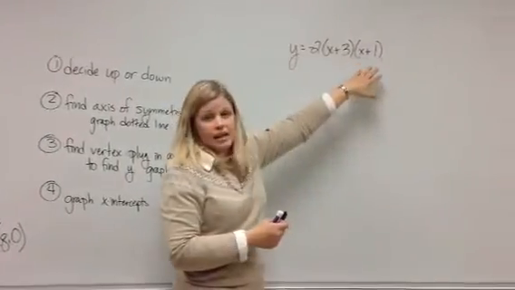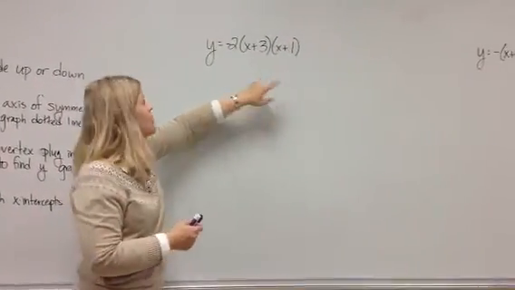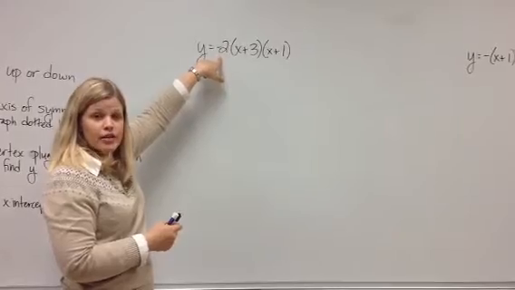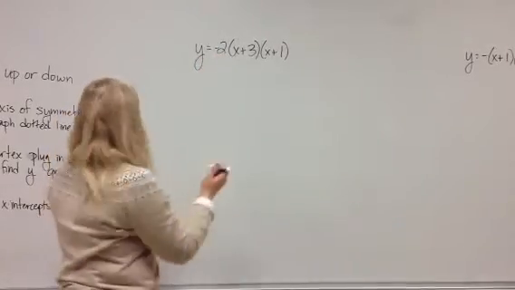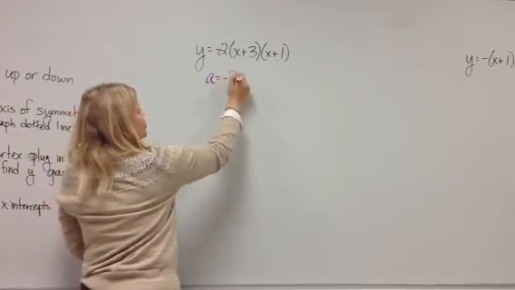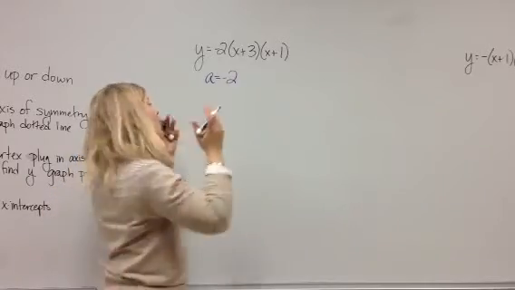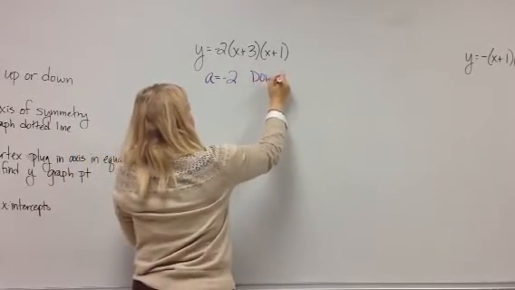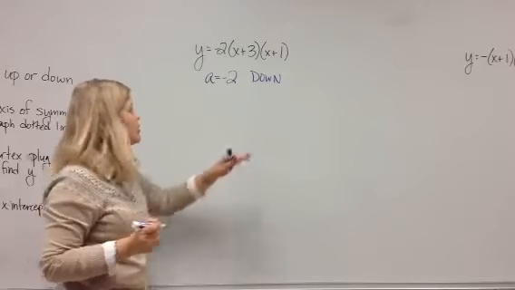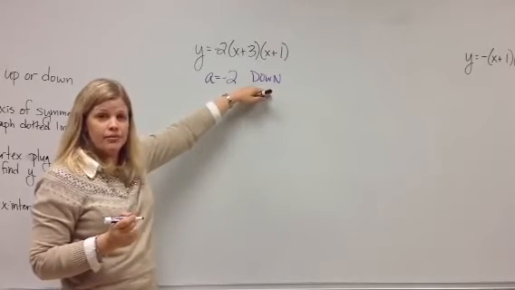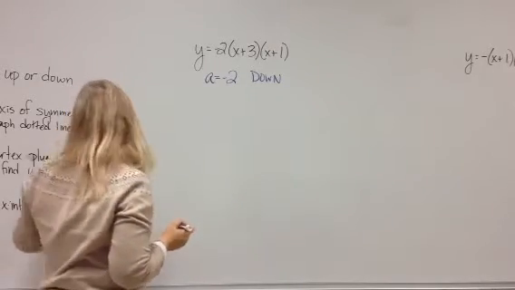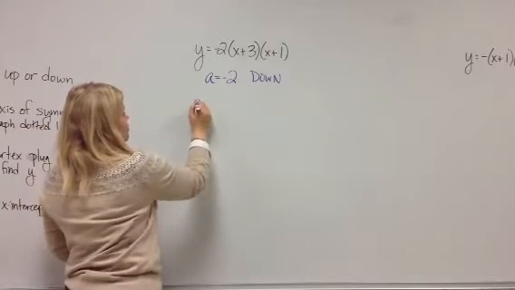Notice this is that intercept form. If we look at the number in front, we have to find our A. A is negative 2, so up or down? Oh, yay, you all know. Maybe the people in your family know from hearing this so much. It's down. Then we have to figure out our axis of symmetry.